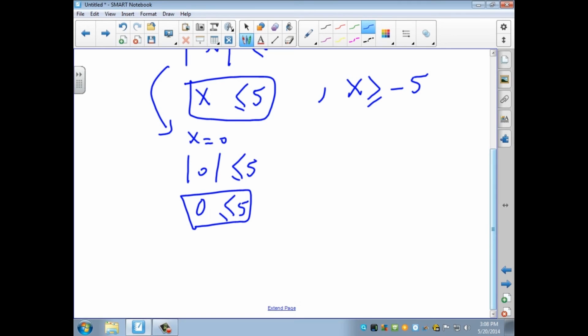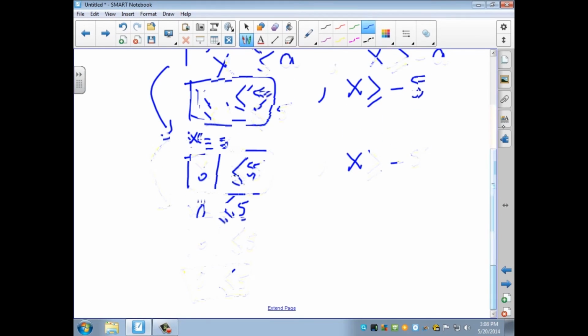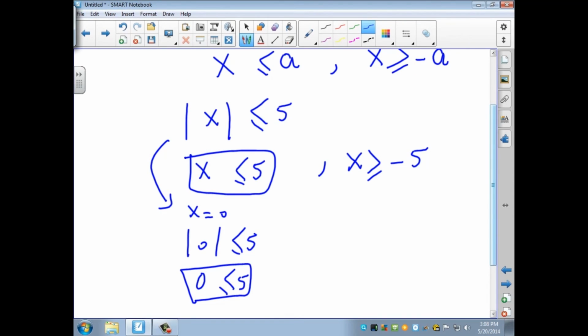Now here, I said x has to be greater than or equal to minus 5. For example, x equal to something greater than minus 5, like minus 3. Then I go ahead and plug in minus 3 for x. So the absolute value of minus 3, is that less than or equal to 5?